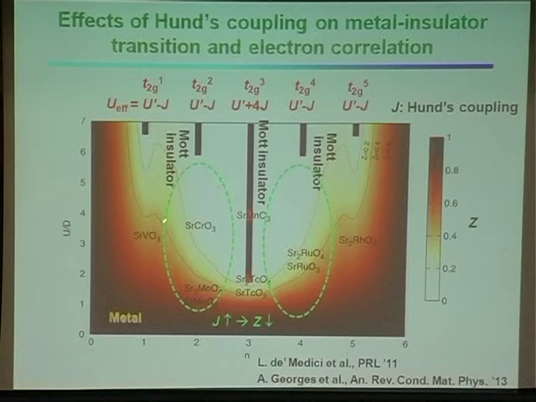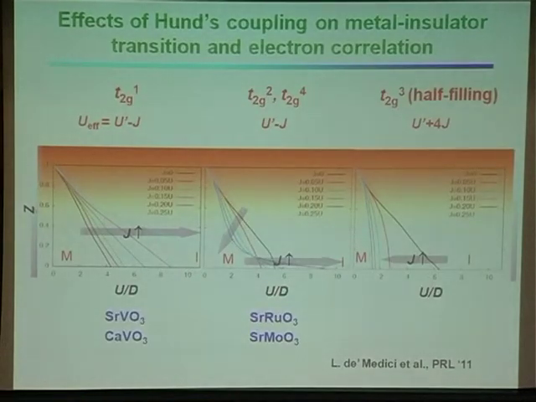This white region is the small Z region, which means quasi-particles near the Fermi level are strongly correlated. Because of Hund's J, this is a new phenomenon, and maybe it can be seen in another figure in Antoine's paper.